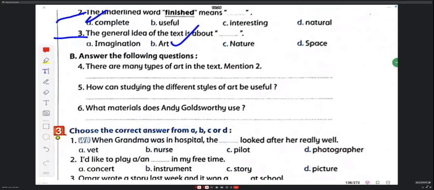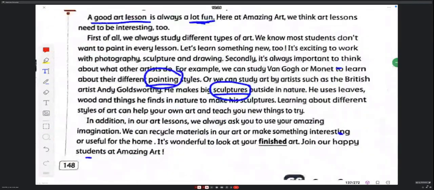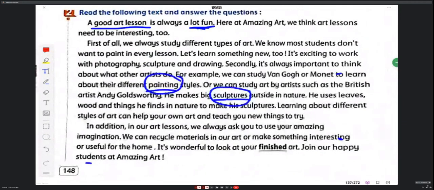Lamar, how can studying the different styles of art be useful? Because we can recycle materials in our art to make something interesting or useful for the home.